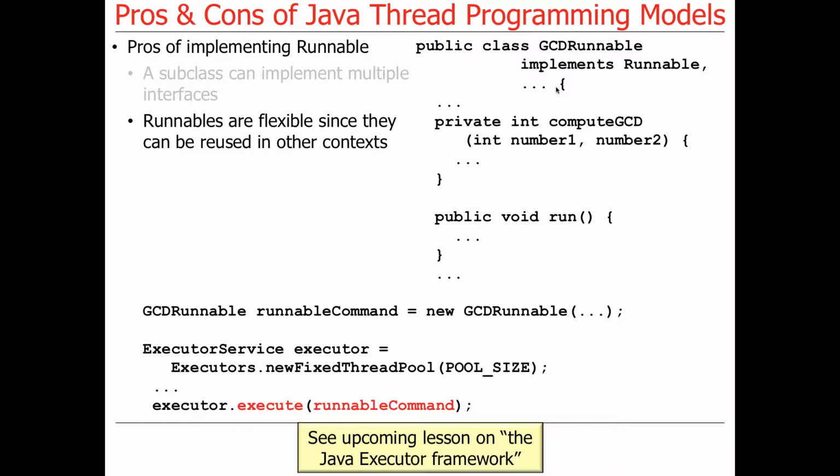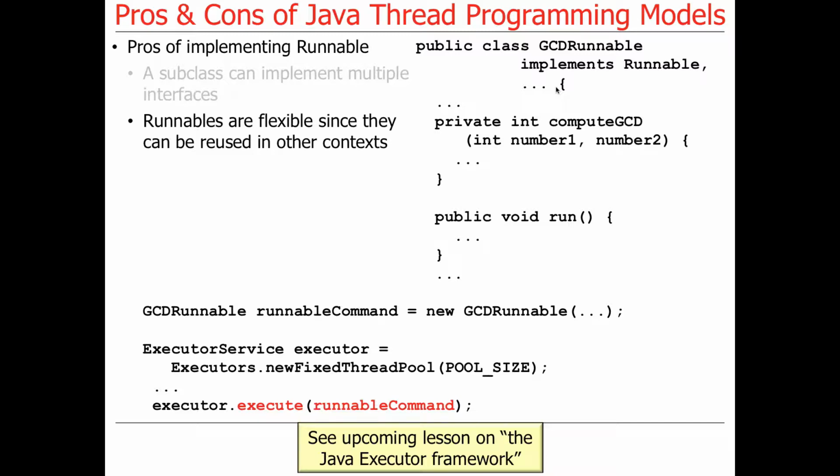We could have a fixed thread pool or a variable size thread pool or whatnot, and we'll talk more about those later. And then we could reuse that same Runnable and execute it in a different context. So we could now have multiple threads that would run these Runnables, and we'll see some examples later that do this.